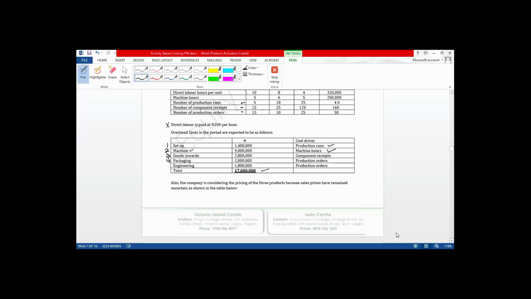Also, the company is considering the pricing of the three products because sales prices have remained uncertain as shown in the table below.